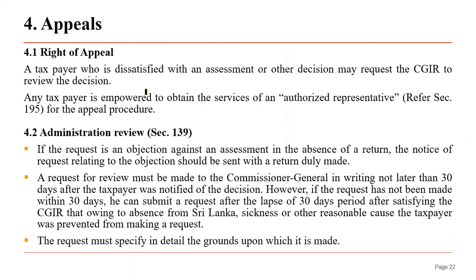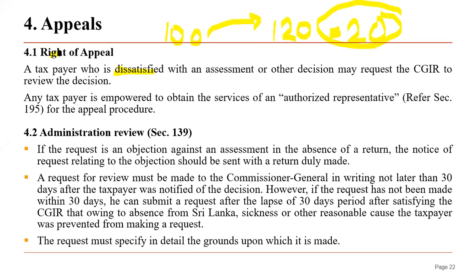If you're dissatisfied with the assessment, because you initially submitted 100, but the assessor said it should be 120, but you do not agree with this 120. If you are dissatisfied and do not agree to pay this balance 20, what you can do is appeal.